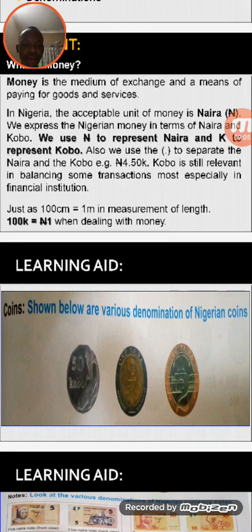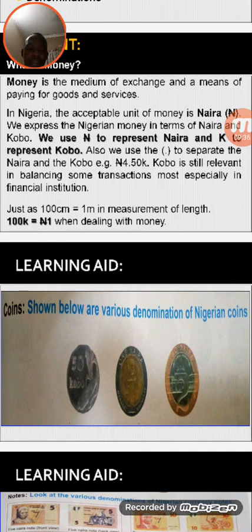So the first one there is 50 kobo, and this followed by 1 naira and followed by 2 naira. So 50 kobo, 2 of that will give you the one in the middle, 1 naira. So 50 kobo in 2 places is 100 kobo, which will give you 1 naira.